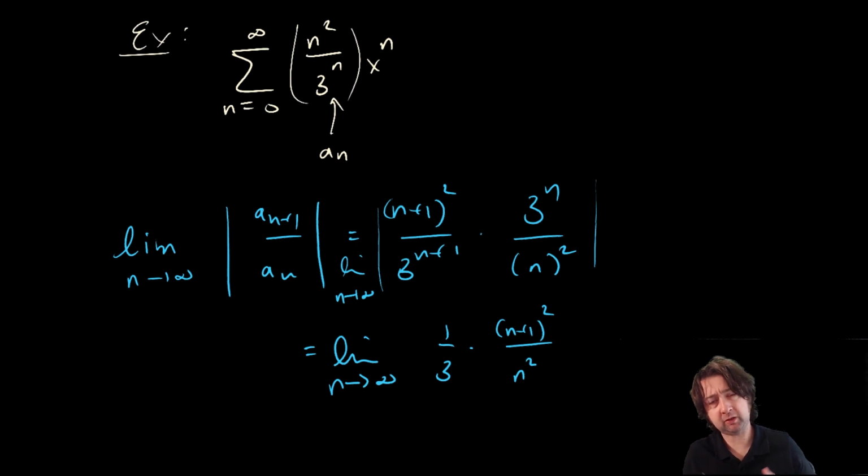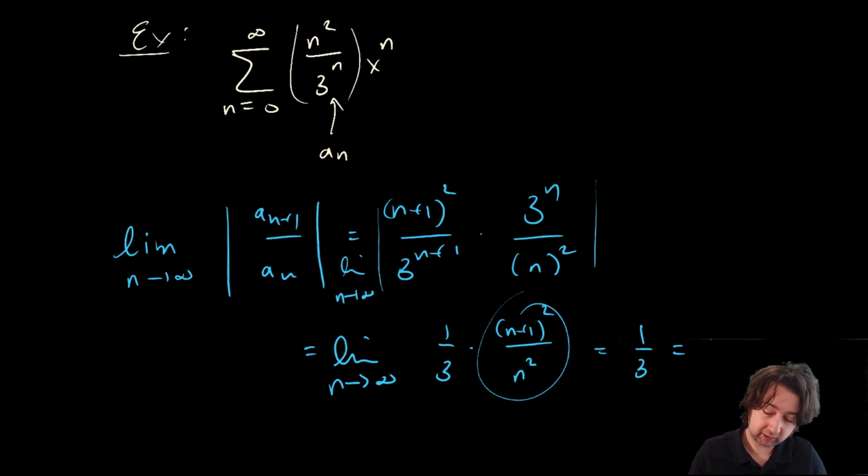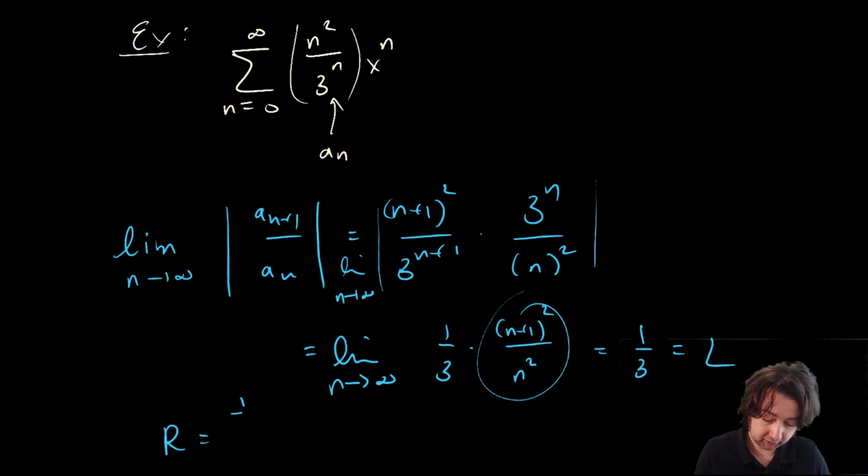And then using L'Hopital's rule or your knowledge of ratios of polynomials, it's pretty easy to see that the limit of this part is 1. And so the limit of the whole thing is 1/3. That's the quantity L. And what that means is that the power series has a radius of convergence 1 over 1/3, which is 3.